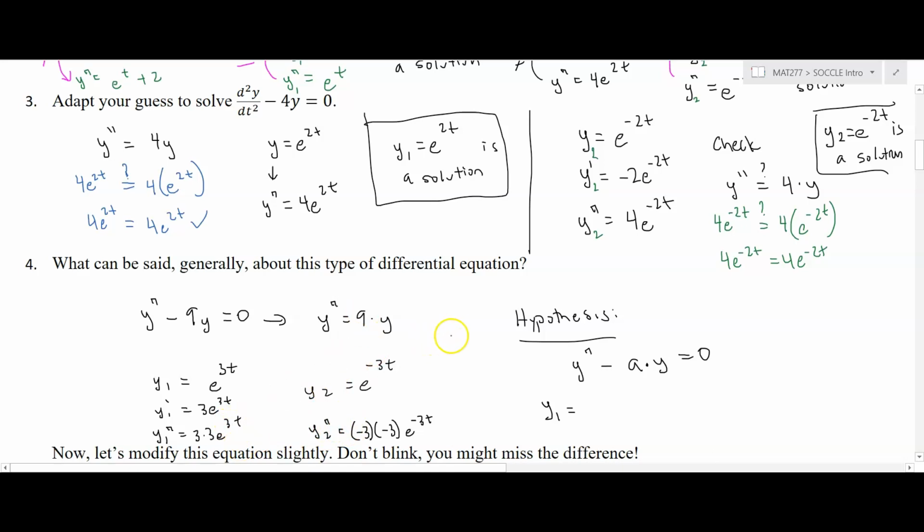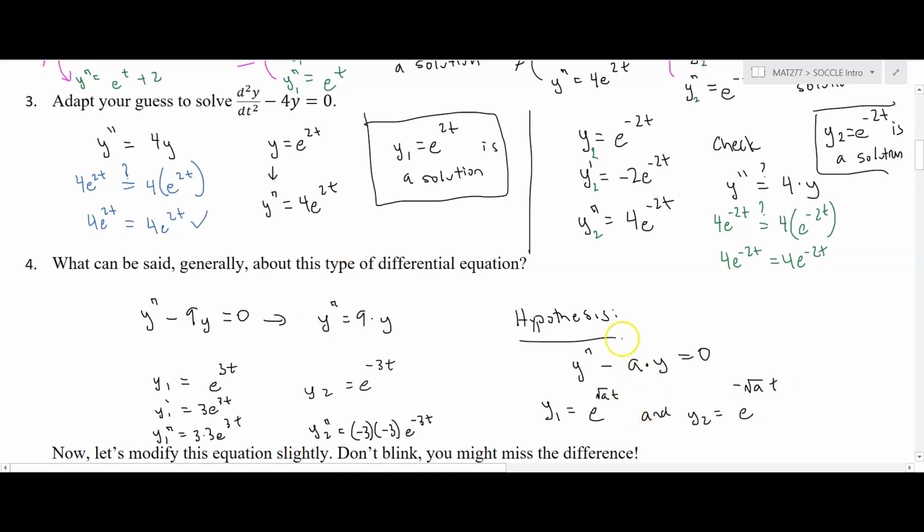The relationship was that we would expect the exponent to be the square root of that number, like so. And y2 would equal e to the negative square root of a times t.